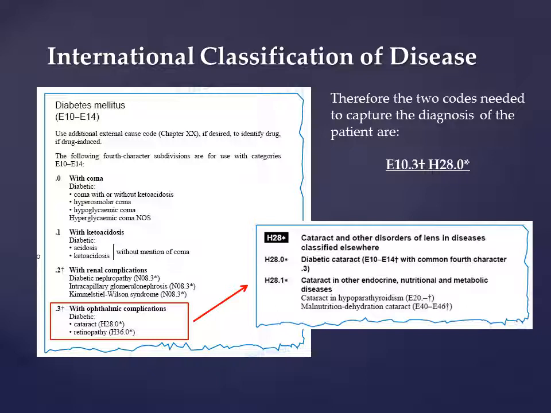It shows the underlying cause, which is insulin-dependent diabetes, and the manifestation, which is cataract. Therefore, the two codes needed to capture the diagnosis of the patient are E10.3 dagger and H28.0 asterisk.